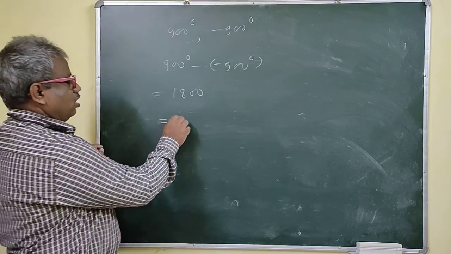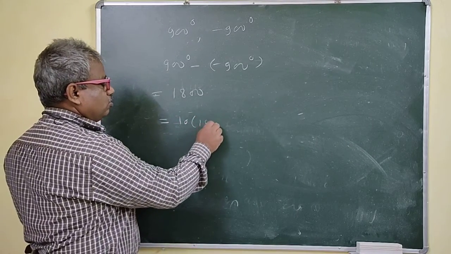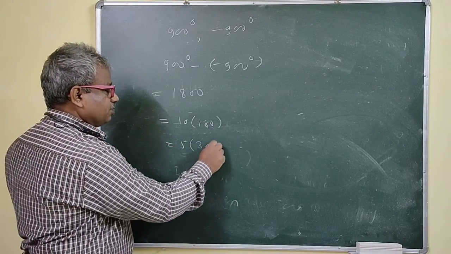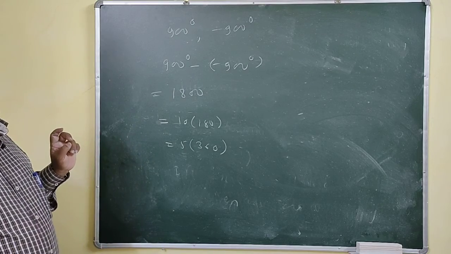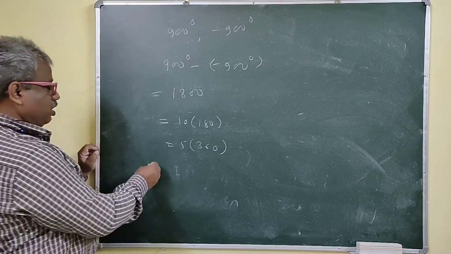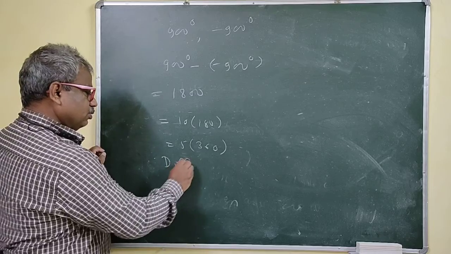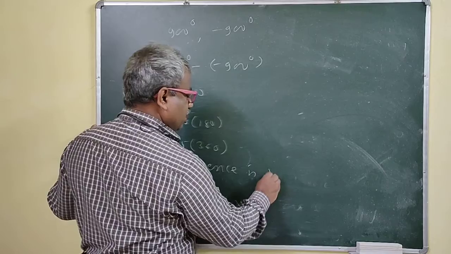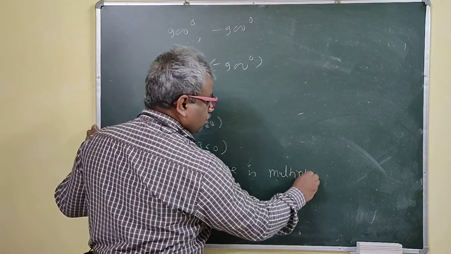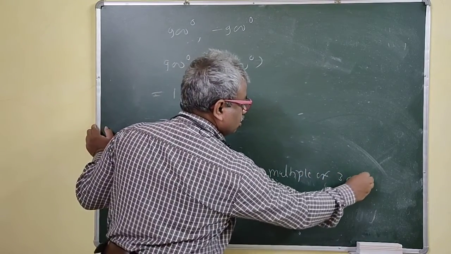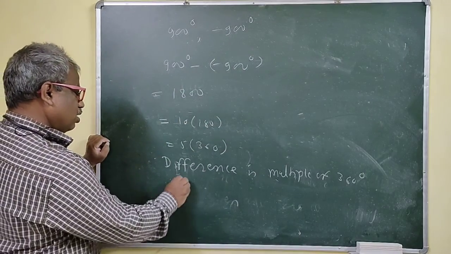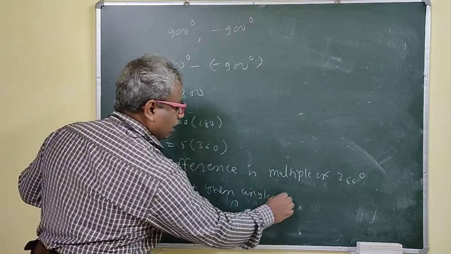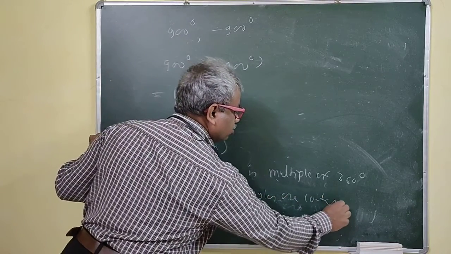So 1800 means 10 into 180, right? That means this is 5 into 360 degree. So therefore, the difference is a multiple of 360 degree. Therefore, the given angles are coterminal angles.